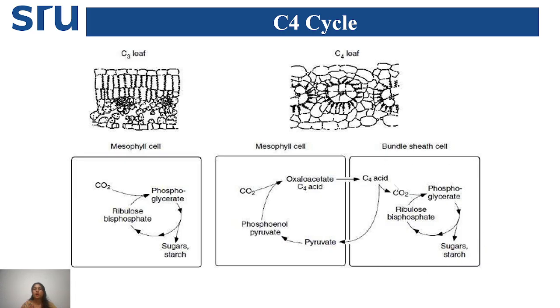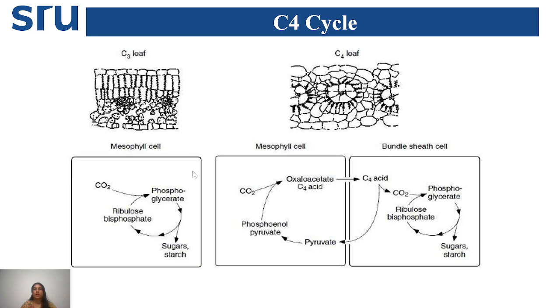In the C3 cycle, only one enzyme is involved, Rubisco, present in the mesophyll cells. Here, two enzymes are involved. Rubisco is present in the bundle sheath cells, not in the mesophyll cells. In mesophyll cells, we have another enzyme, phosphoenol pyruvate carboxylase.